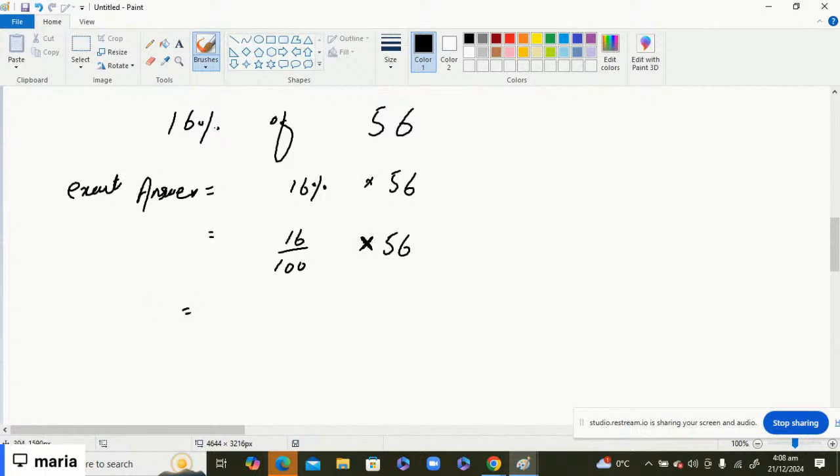So what is 16 over 100? This is 16 divided by 100. This is 0.16 into 56.